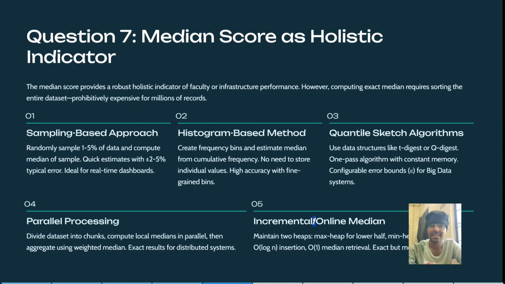The fifth is the incremental or online median using the two-heap technique. Maintain a max heap for the lower half of your data and a min heap for the upper half. As each new data point arrives, insertion takes O(log n) time, but retrieving the median is instant, O(1).